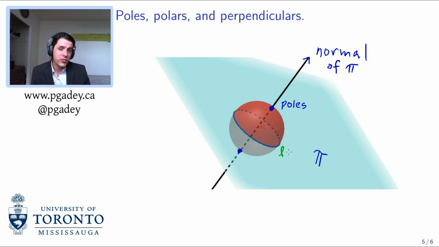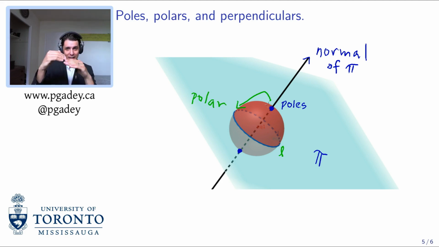And alternatively, we can go in the opposite direction, and starting from a point, we can define the line that has that as its pole. Right, so this is going to be called the polar of that point. So given a point, we get a line that is sort of the equator with respect to that point, and that's called the polar.